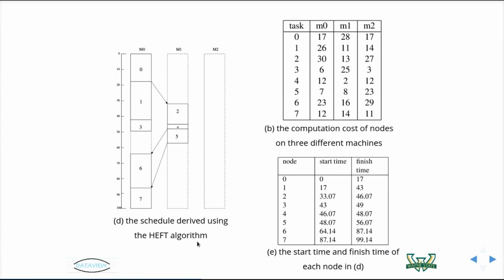As we can see, there is no task even assigned to machine 2 because the communication is too high. The HEFT algorithm assigns the tasks to machines which provide the earliest finish time, and here no tasks satisfy this condition. In this part, we can see that we have different nodes, and the start time and finish time of each node is shown here.